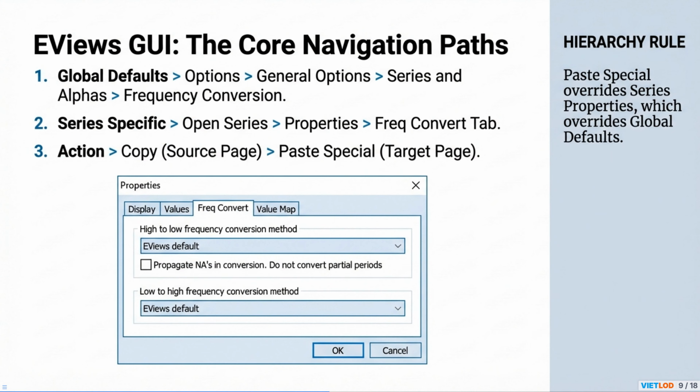In EViews, you can set frequency conversion methods at 3 different levels. First, you can set global defaults for your entire EViews installation under Options and General Options. This is useful if you always use the same method. Second, you can set a series-specific method. By opening a series and going to its properties, you can define a default conversion method just for that variable.